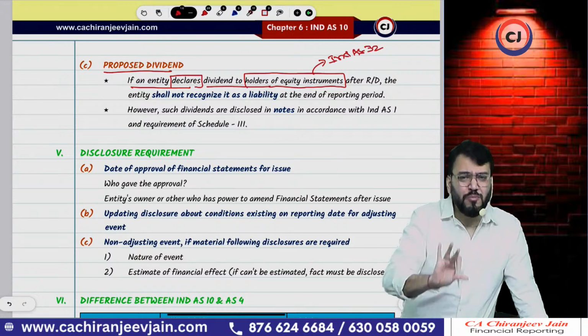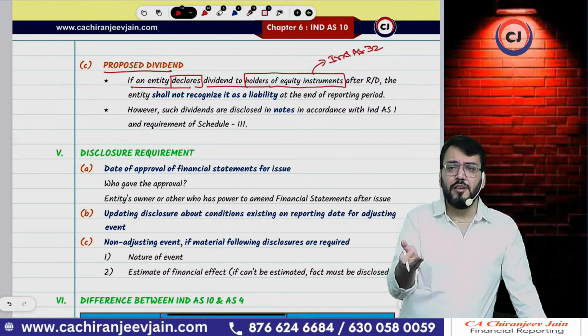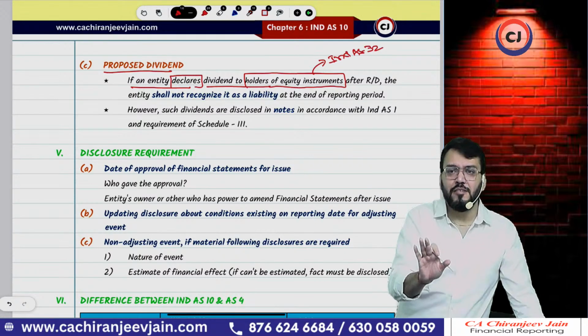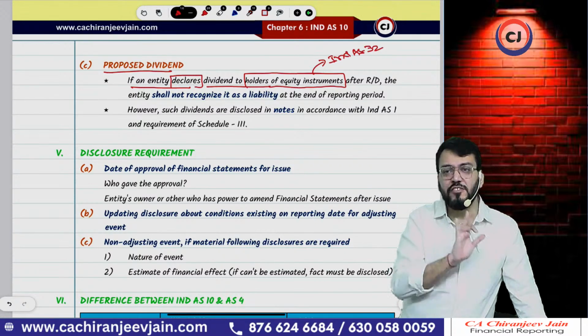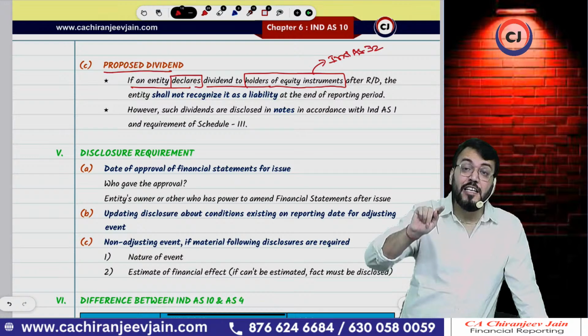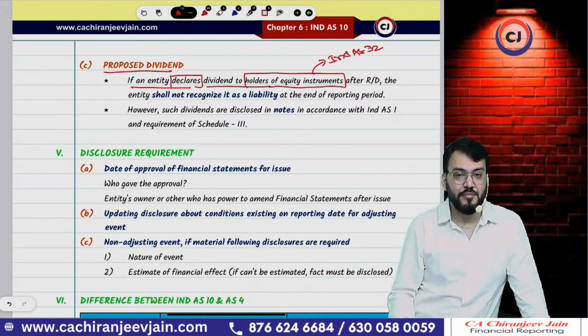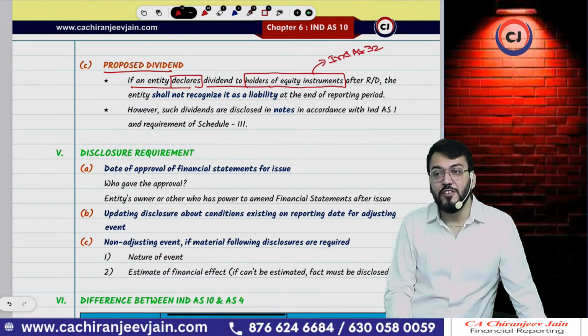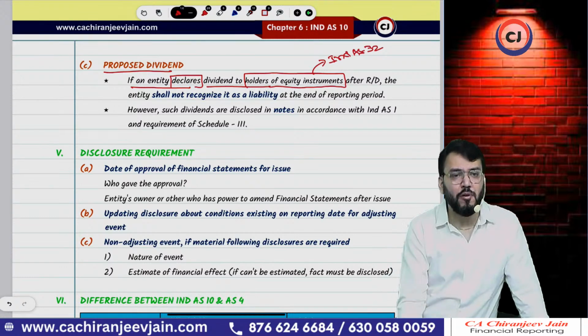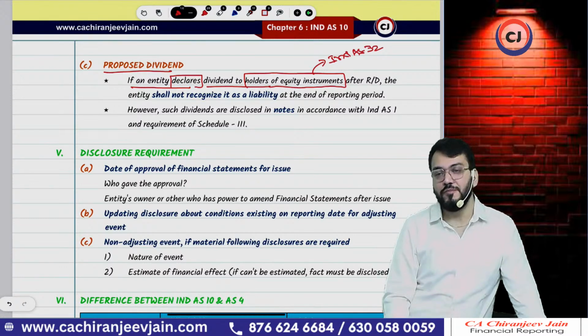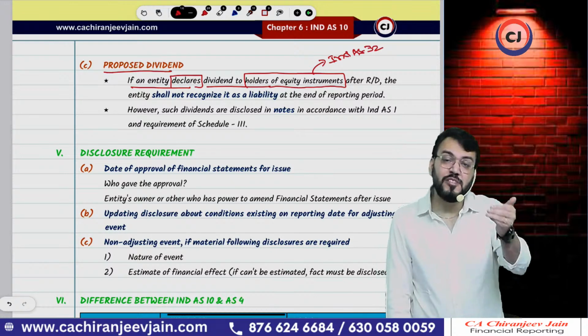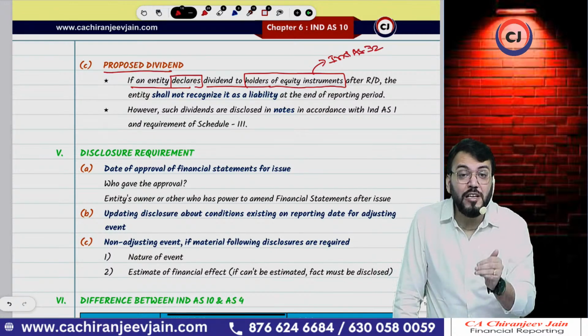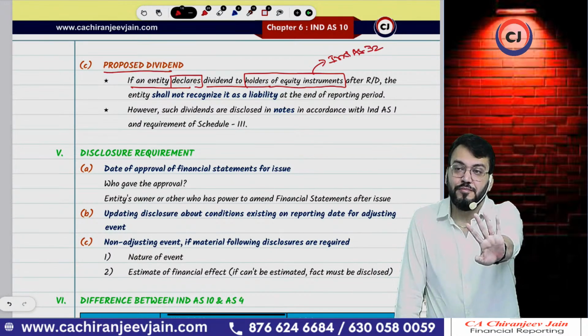I would like to give one more example of equity instrument for your understanding, but don't ask for explanation right now. Any irredeemable preference share capital: there is no obligation to pay any amount, so that is also an equity instrument. Whenever you receive some amount but there is no obligation to repay, it becomes equity.